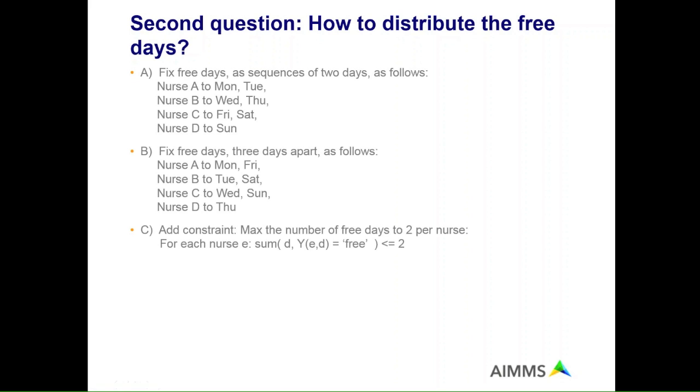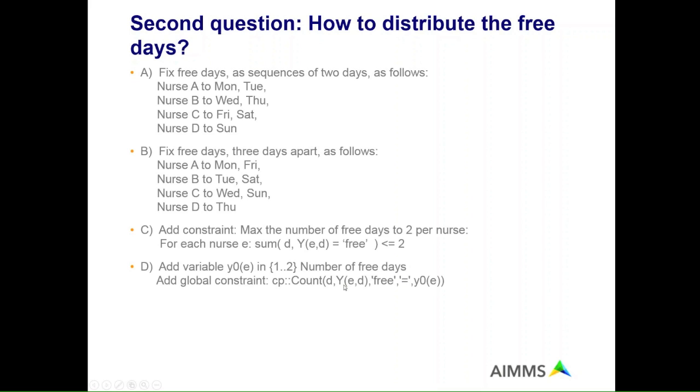We can also do it by adding a constraint. Say we count the number of days a particular nurse is free, and this should be less than or equal to 2.